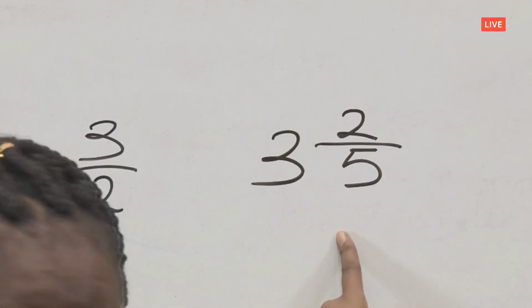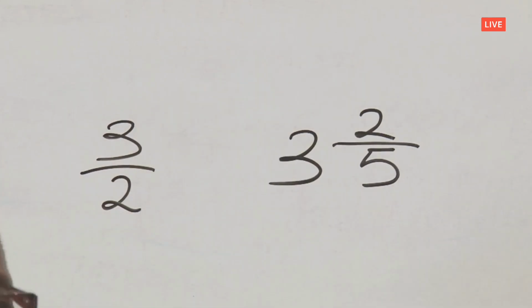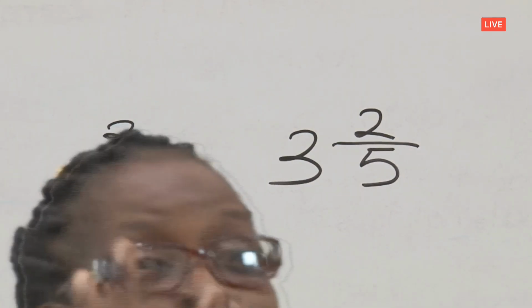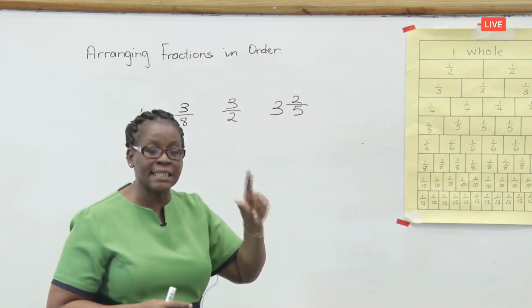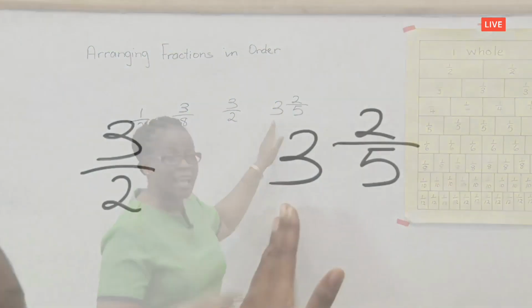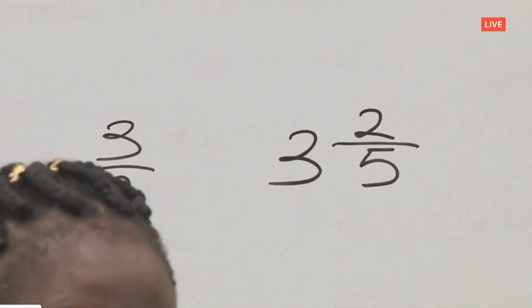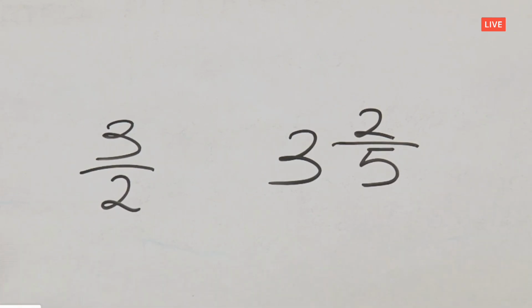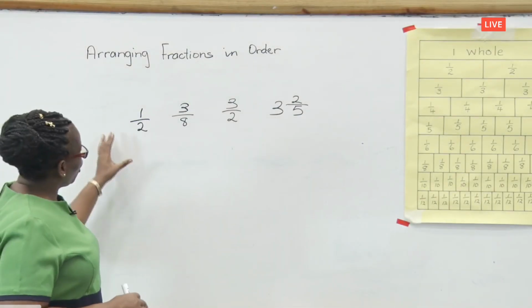Exactly, 3 and 2/5. What is this 3 saying? Yes, we have 3 wholes. And that is why we call this a mixed number or a mixed fraction, because it has whole and fractional parts. So we have all 4 types of fraction here.